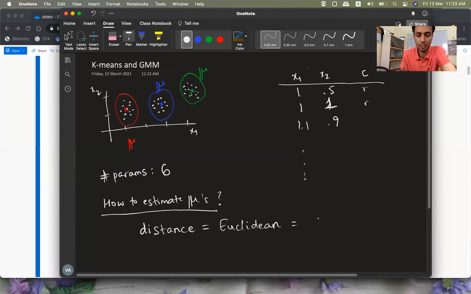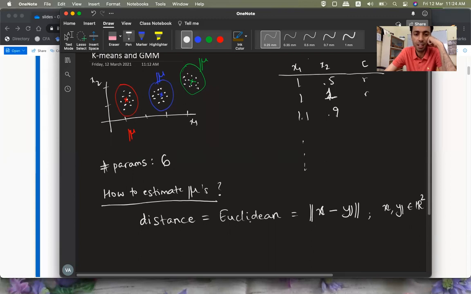So distance is Euclidean, which means basically the x vector minus the y vector, where x and y are 2 points in this space. Both x, y belong to R2, right?